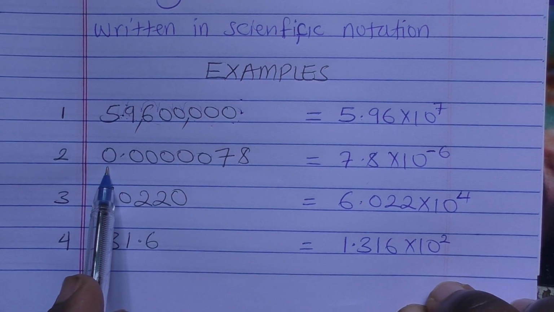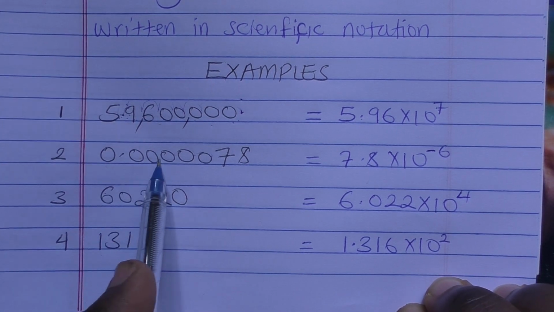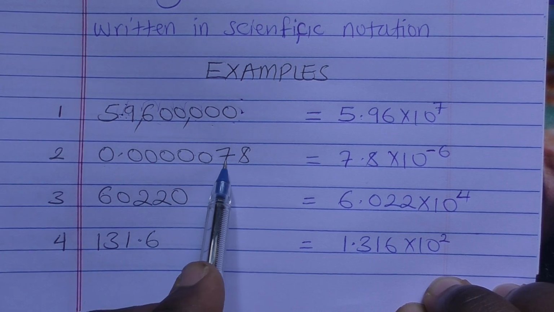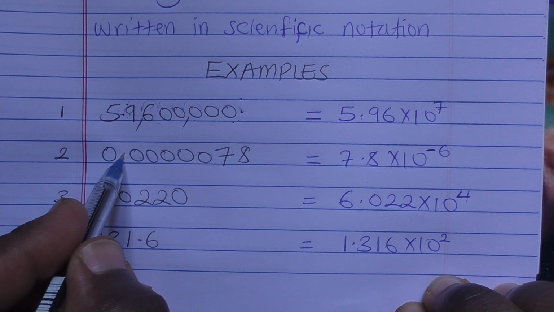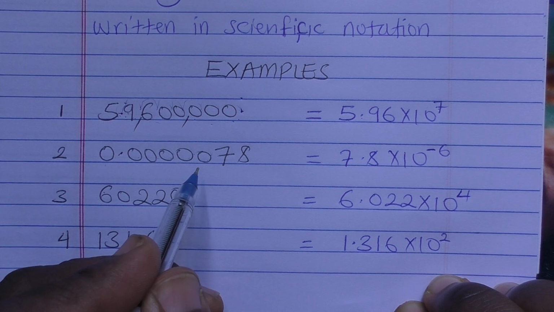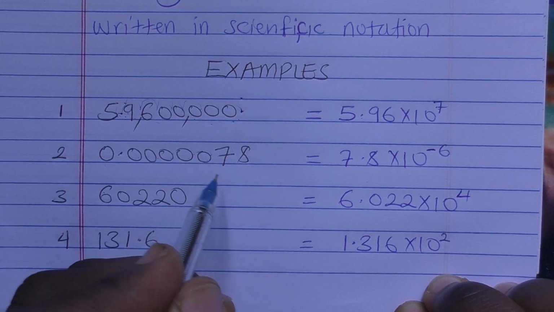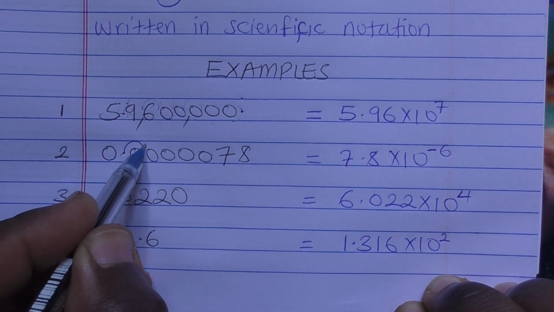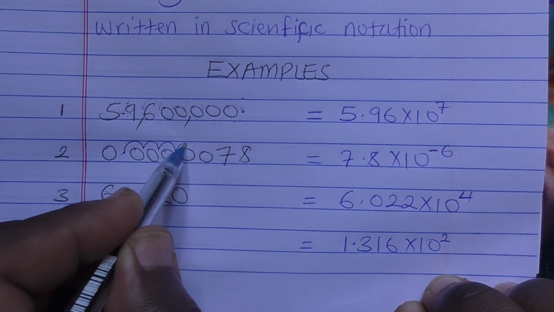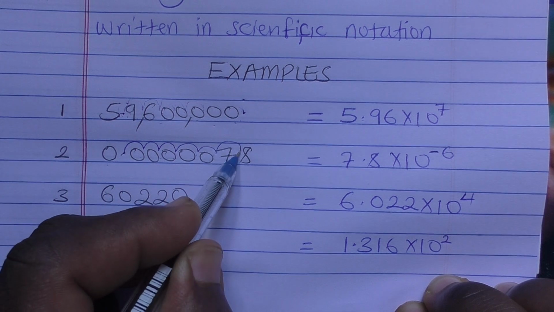Then number 2, we have 0.000078. So we are going to move our point until we reach a figure that is from 1 to 9, that is a 7. So that is 1, 2, 3, 4, 5, 6.